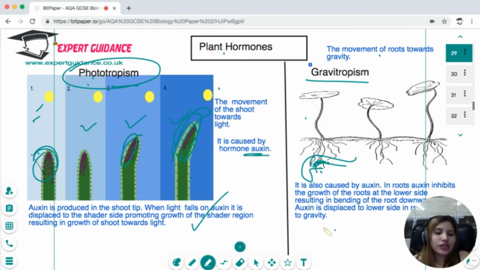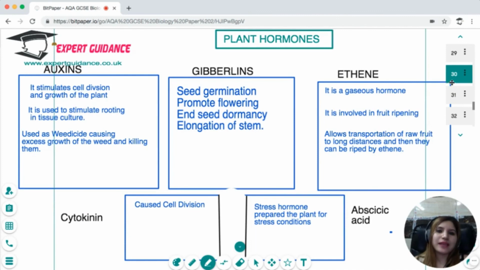So auxin causes bending of the root downwards and causes the shoot to grow upwards. Why? Because in phototropism, auxin is causing the growth in the shaded region, and in gravitropism, the auxin is inhibiting the growth on the side where it is present. So you should know how both of these mechanisms work.